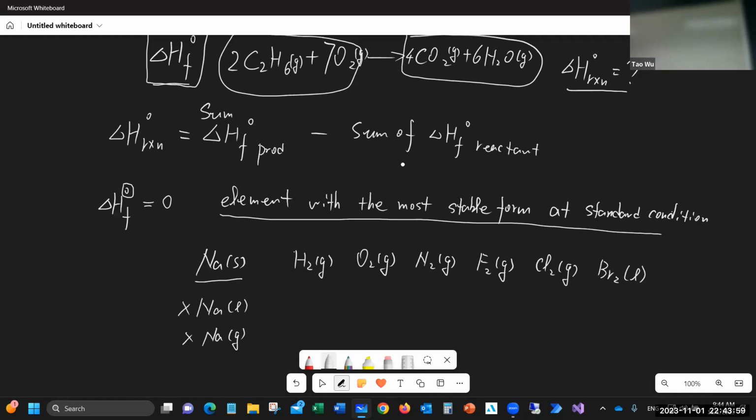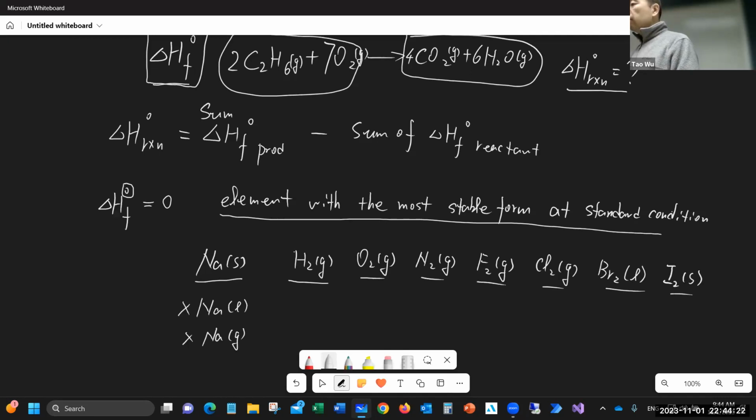You see, here it shows blue. Bromine is a liquid. Blue means liquid, and black means solid. So iodine is a solid, that is the most stable form. Those gases are the most stable form.